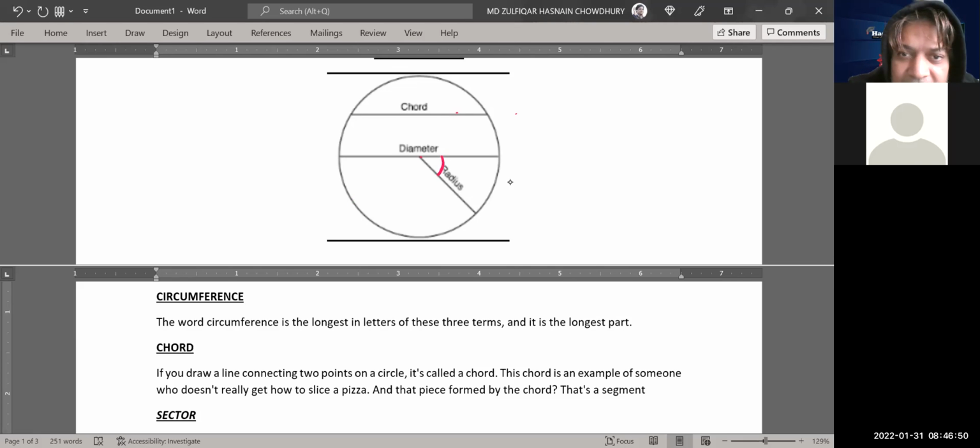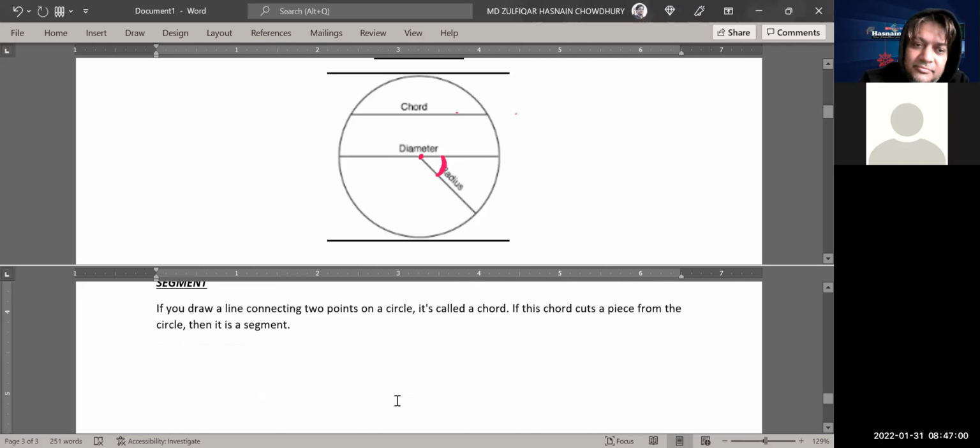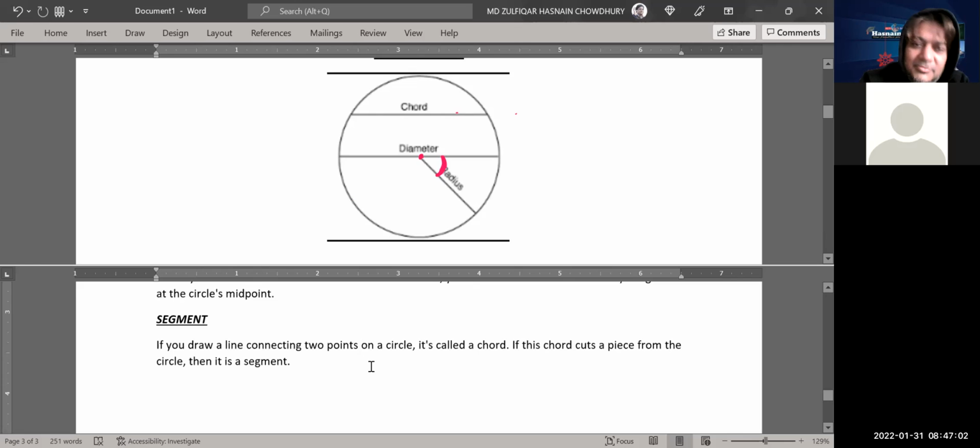What is this? An angle? Yes, very good, an angle. What is the name of this angle? An acute angle? No. Where is the angle formed?